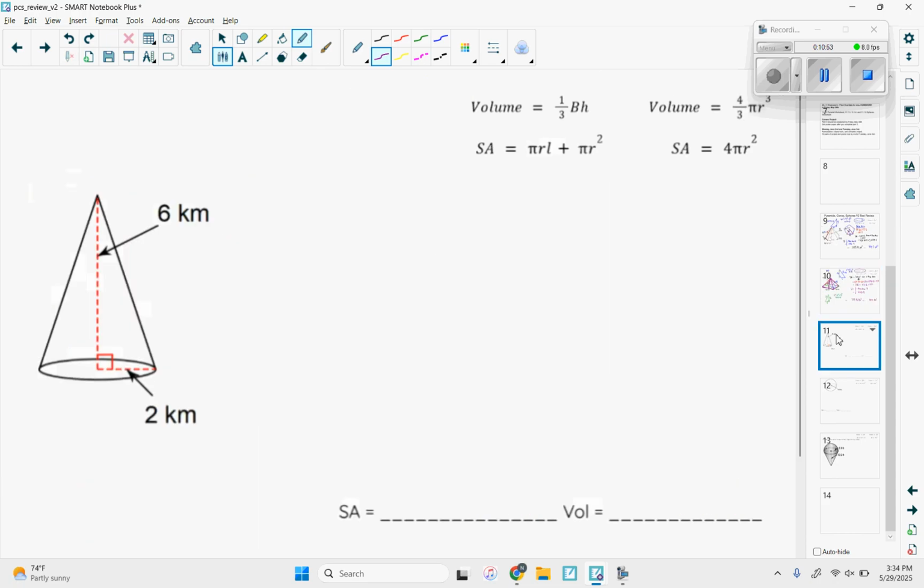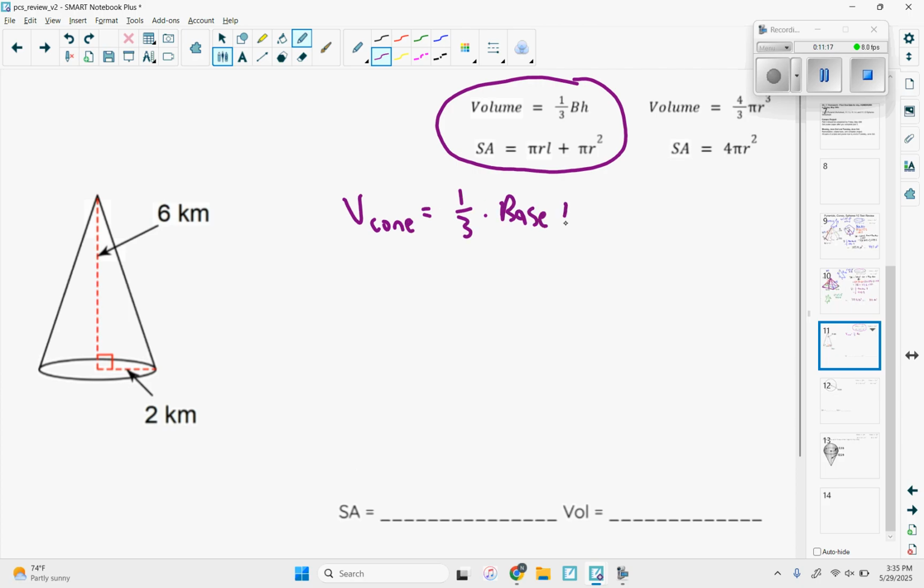It would be cones. And for cones, we are going to use these two formulas. All right. So starting with volume on this one. The volume of a cone is 1/3 times the base area times the height.